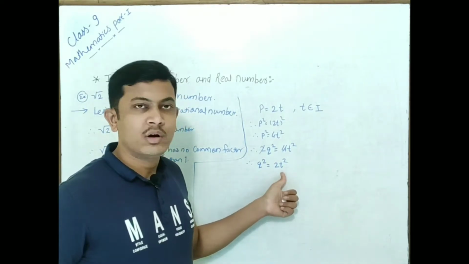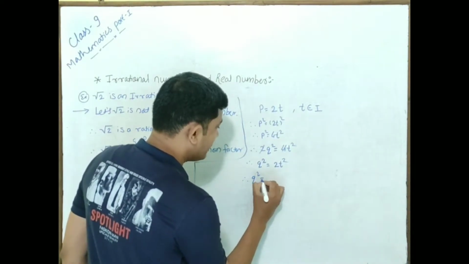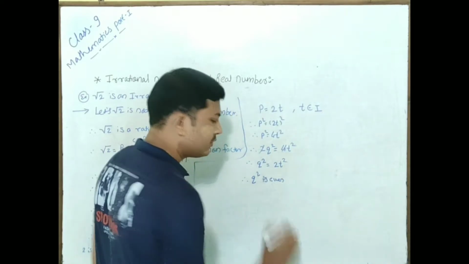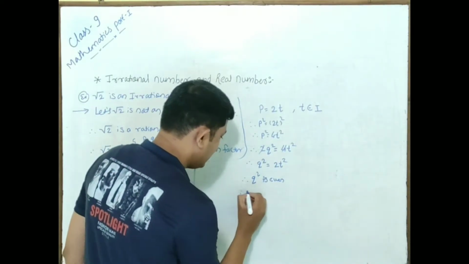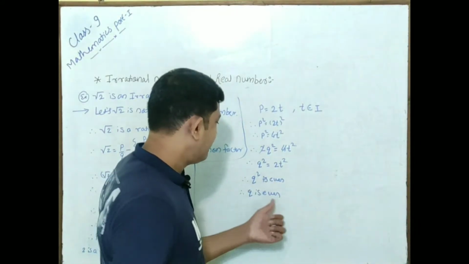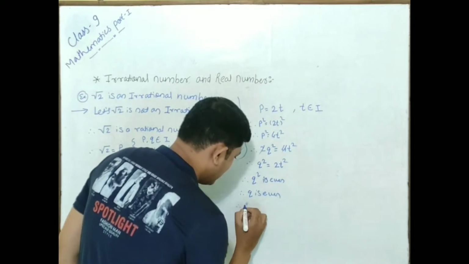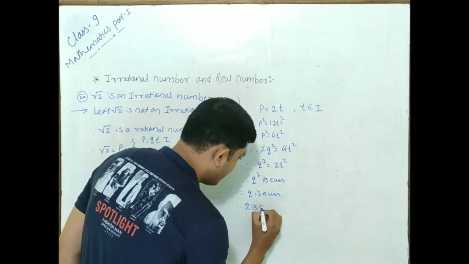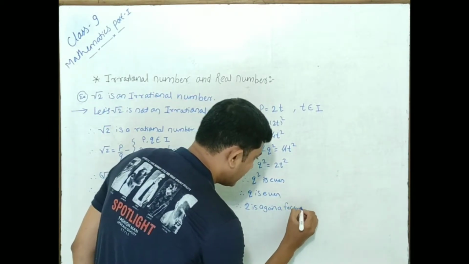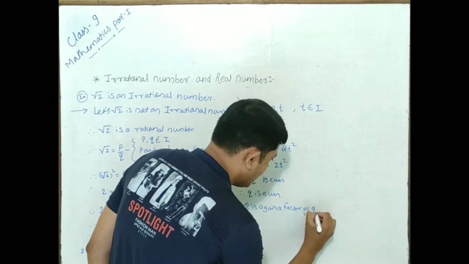2 times t square means q square is again an even number, therefore q square is even. If q square is even, it means q is even, and if q is even, therefore 2 is again a factor of q.